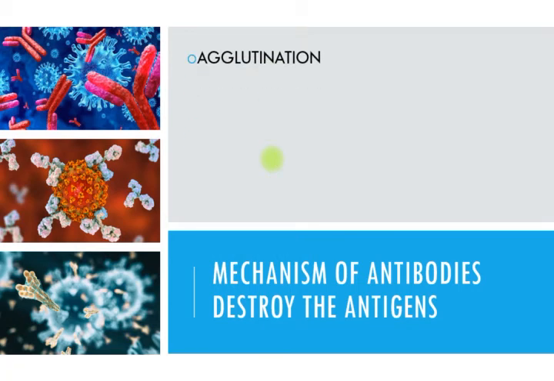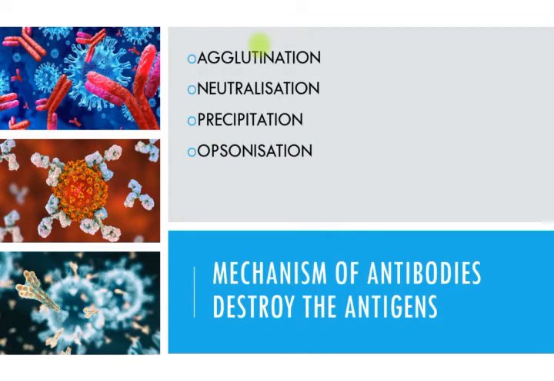The mechanism of how antibodies destroy the antigen consists of 5 types. What are they? Agglutination, neutralization, precipitation, opsonization, and lysis. Make sure you understand the keywords here. Agglutination refers to agglutinate. Neutralization, neutralize.